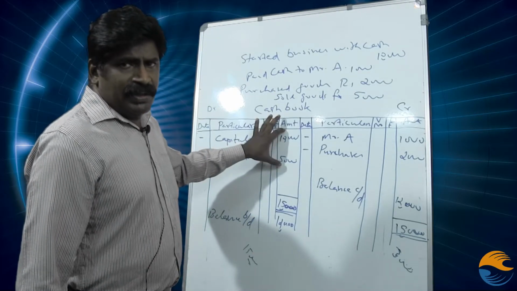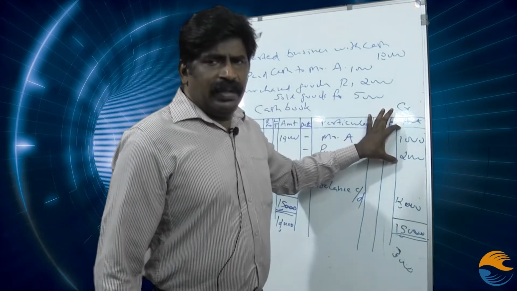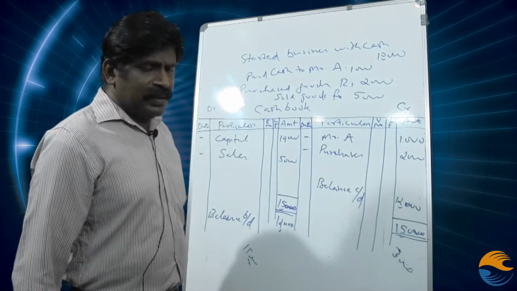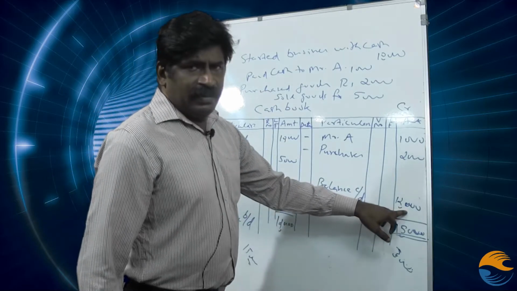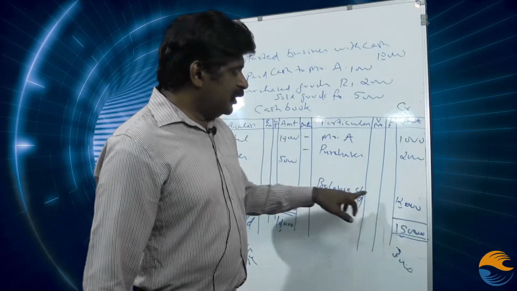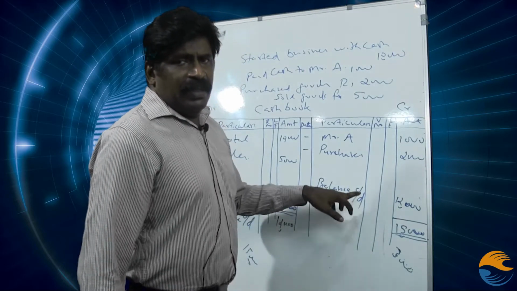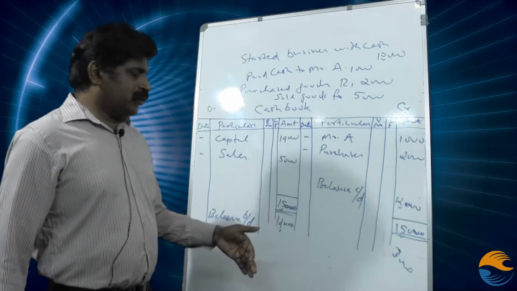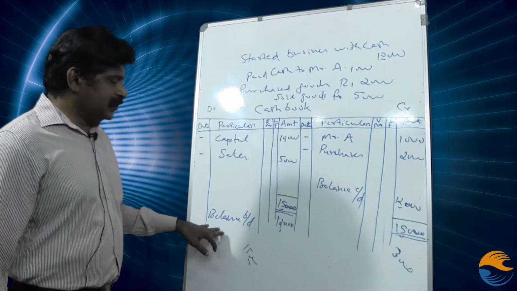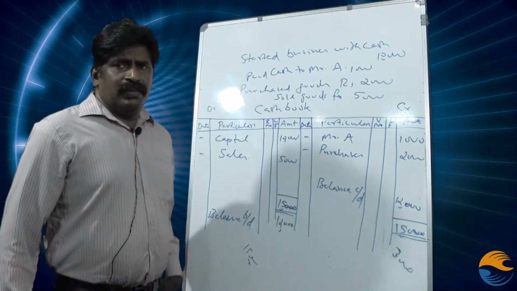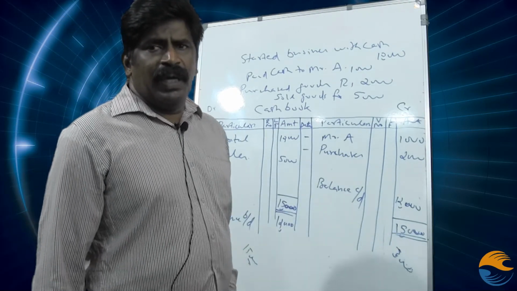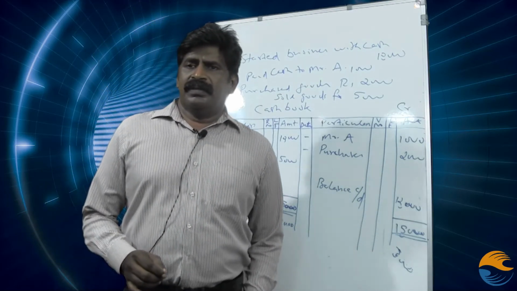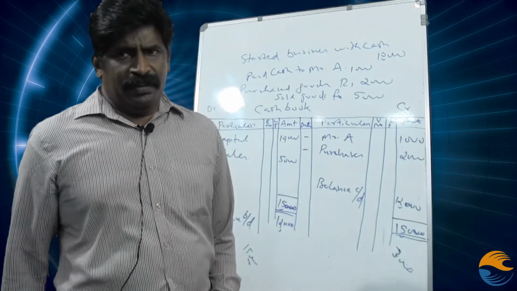Debit total it was 15,000 and credit total it was 3,000. 15,000 minus 3,000, that's the difference. It is shown here, 12,000, as balance carried down. After writing this balance carried down, we have to bring it down to the opposite side. Balance brought down. So it is a process of balancing the cash book.